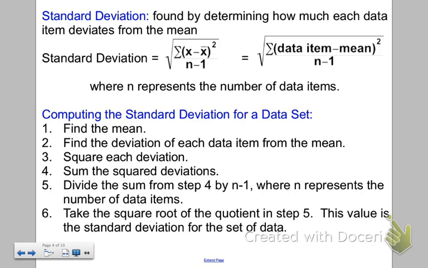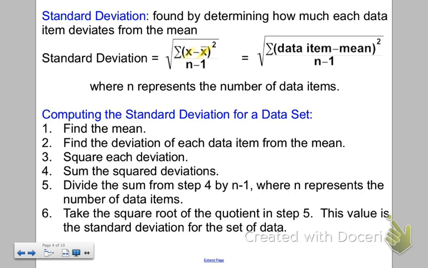Okay? So if we look at our formula up here, it tells us those steps just mathematically. We need to take the data item, that x value, and subtract it from the mean. The mean is that x with the bar over it.